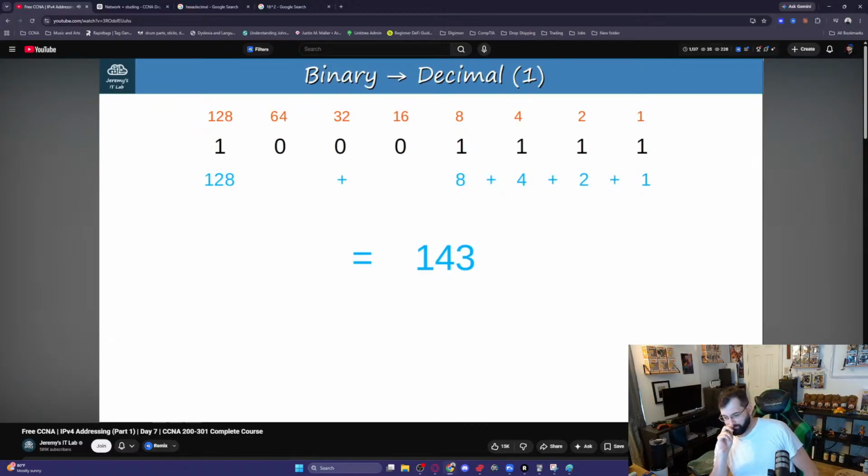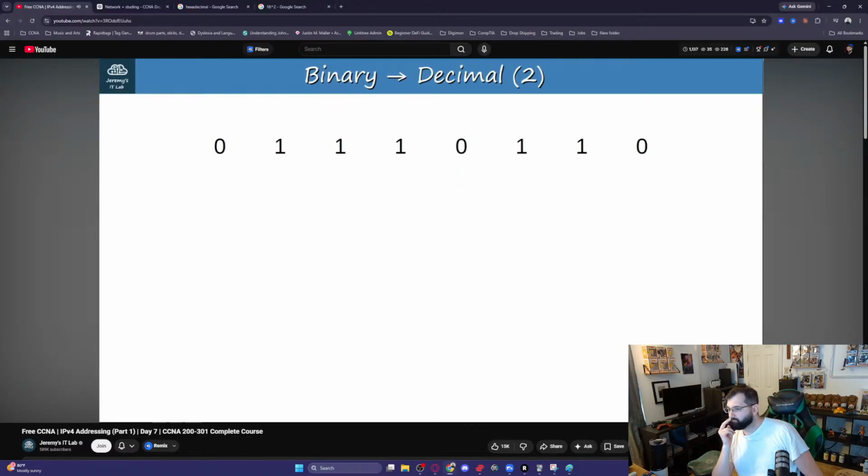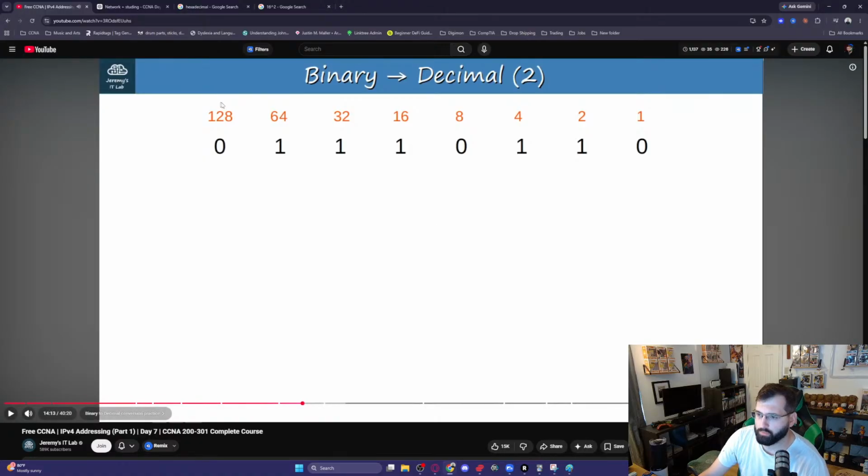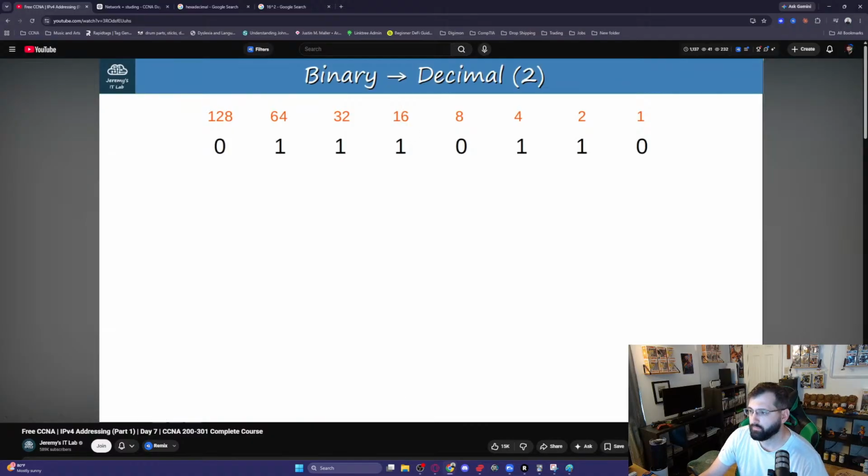Let's do another example. Now we have binary 01110110. Once again, write the value of each binary digit over the octet. We should be able to do this one pretty quickly. 2 plus 4 is 6, 6 plus 16 is 22, 22 plus 32 is 54, 54 plus 64 is 118.